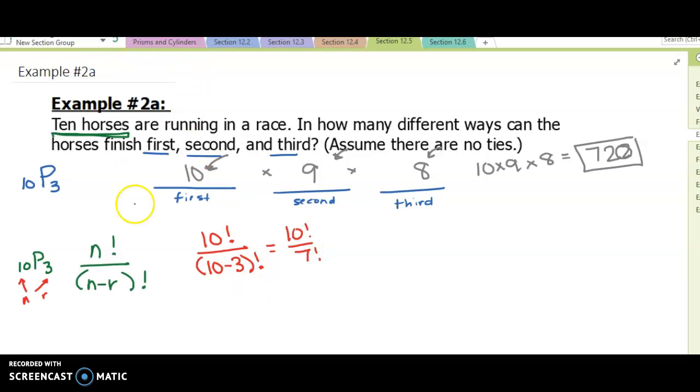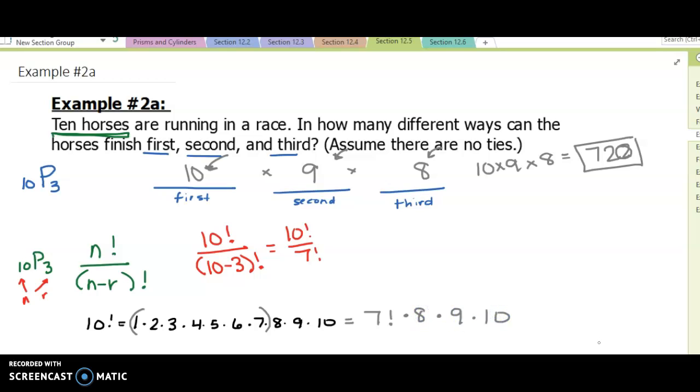Just a side note, 10 factorial equals 1 times 2 times 3 times 4 times 5 times 6 times 7 times 8 times 9 times 10. That's what 10 factorial is. So I want you to ask yourself, could I also write this as 1 times 2 times 3 times 4 times 5 times 6 times 7? That's just 7 factorial times, I'm left with 8 times 9 times 10.